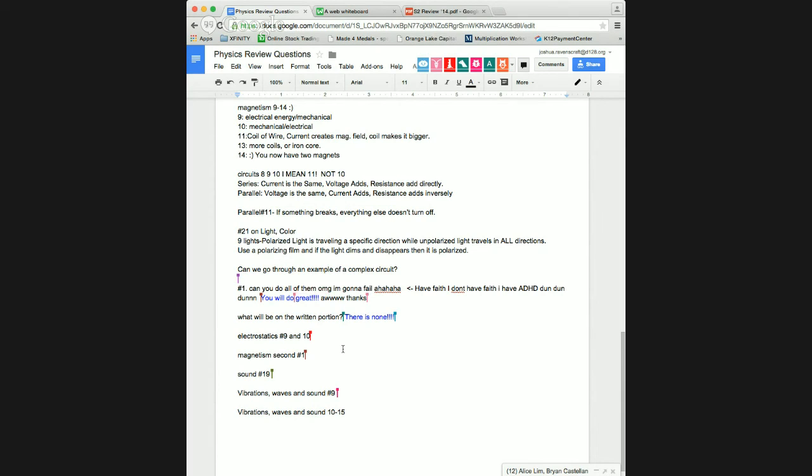Electrostatics number 9 and 10. All right, so both of these are Coulomb's law.